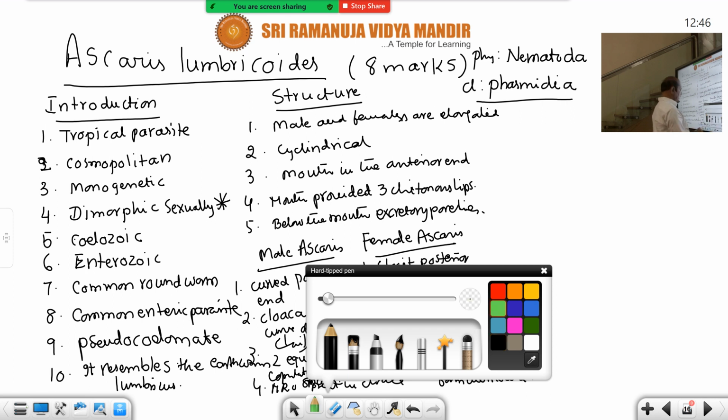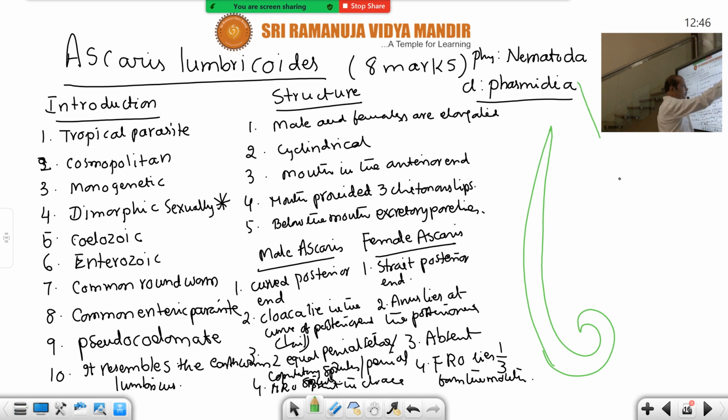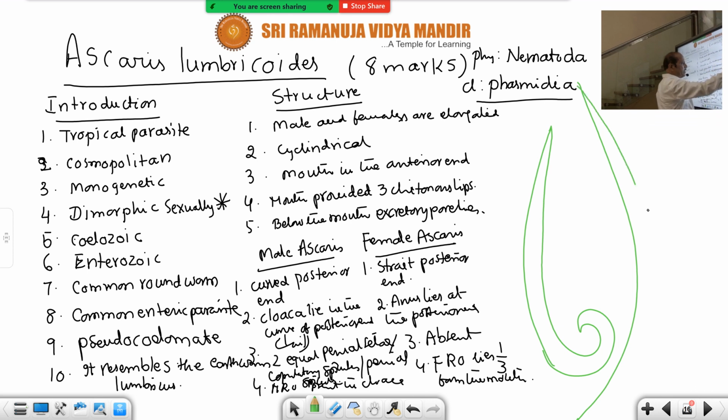Now let us take the Ascaris lumbricoides structure. This is the male with a curved hook-like posterior end, and this is the female with a straight posterior end.